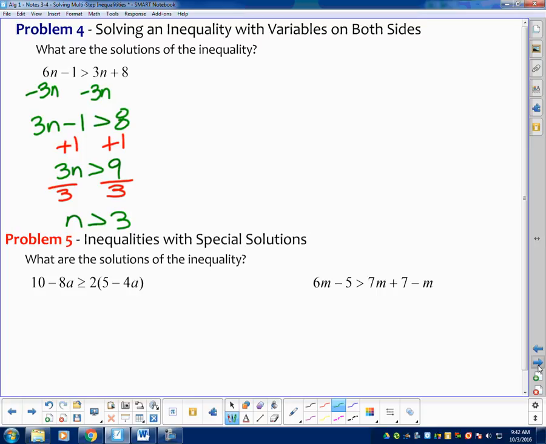Okay. So what are some numbers that would work in there? What's a number that'll work? Anything greater than 3. Yeah, 6, 7. All of those will work.